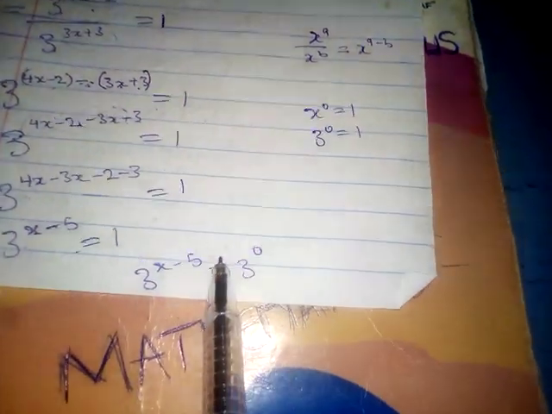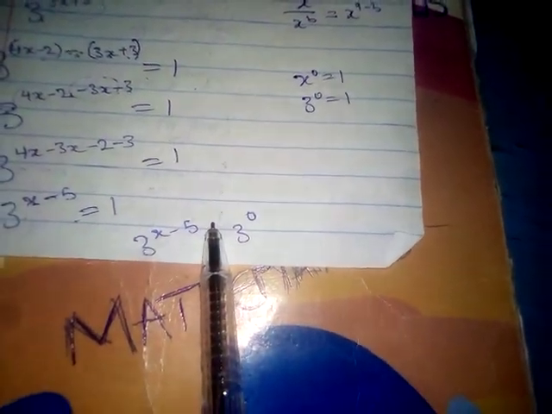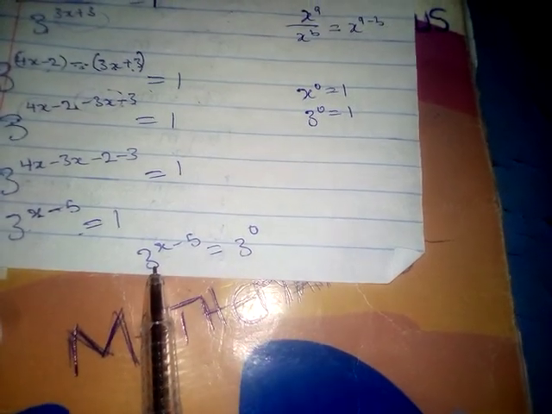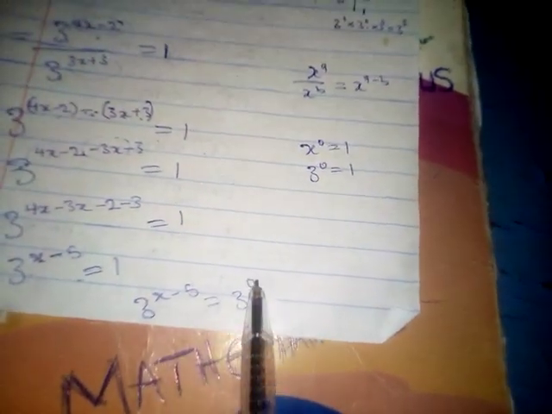Now there are two ways to attack this. Either I take the ln of both sides, or, since we have 3 raised to the power of x minus 5 equal to 3 raised to the power of 0 and the bases are the same, I equate the powers.